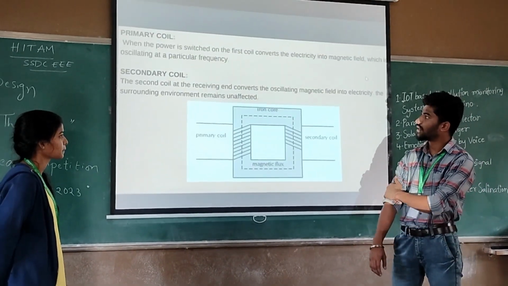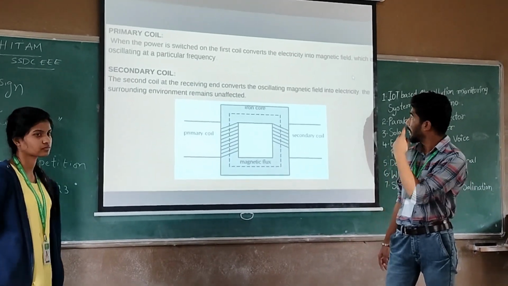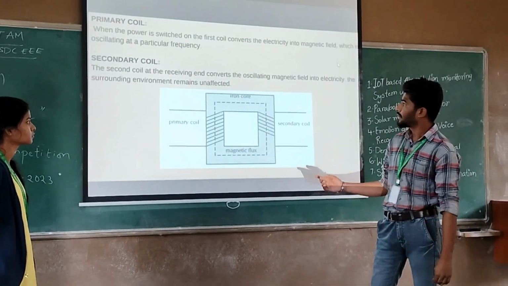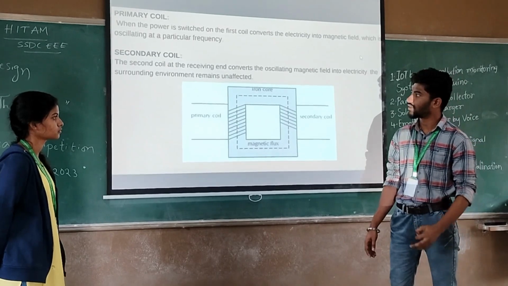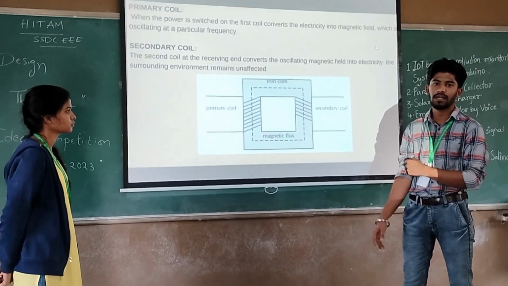Primary coil: when the power is switched on to the first coil, it converts electrical energy to magnetic energy, with the oscillator at a particular frequency. Secondary coil: it receives the magnetic energy and converts it into electrical energy.